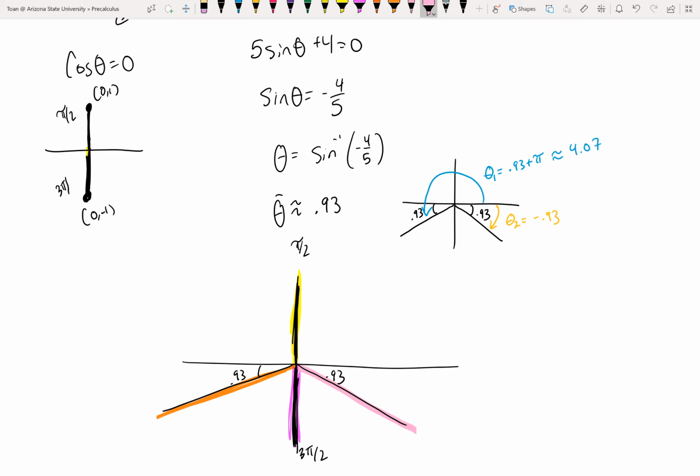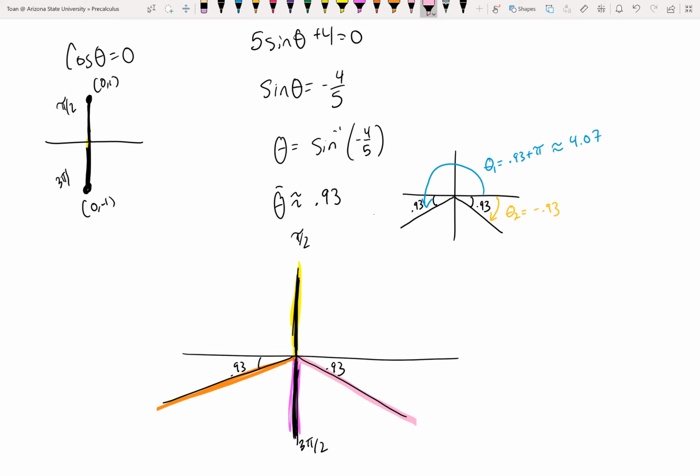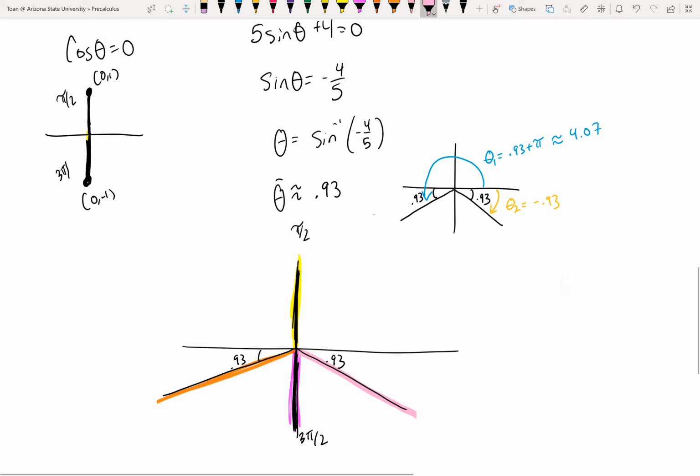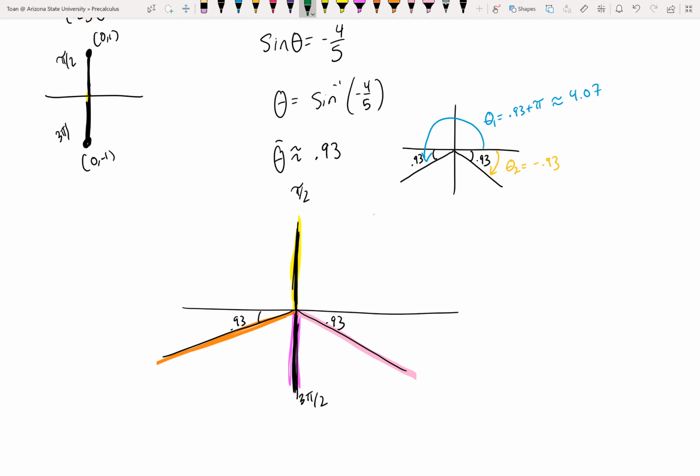Now, since this is a sketch, you really can't base it off of appearance alone. But I hope I don't have to do any math to prove it to anyone that these 4 answers are not symmetric with each other. There's no way that this angle here, which is bigger than 90 degrees, is equal to this angle here, which is equal to this angle here, which is equal to this angle here.